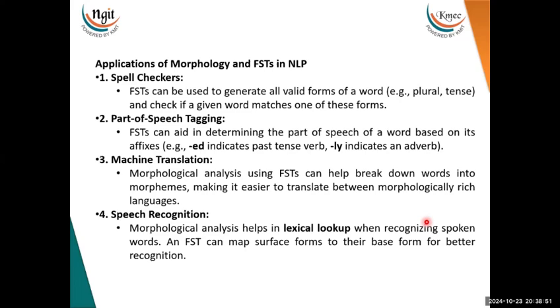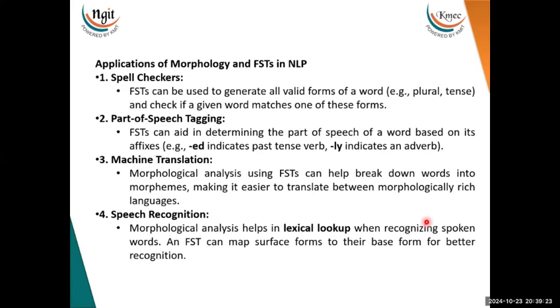Then machine translation. Morphological analysis using FSTs can help break down words into morphemes, making it easier to translate between morphologically rich languages. When I say morphologically rich languages, there are certain languages which use a wide variety of prefixes, suffixes, or infixes also, to convey different grammatical meanings.